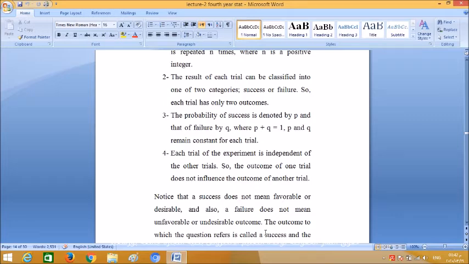But if you want to get the probability of failure in an exam, this probability is also called the probability of success. So the word success doesn't mean the success itself, but the probability under question.